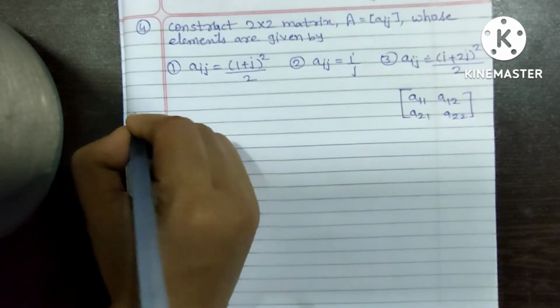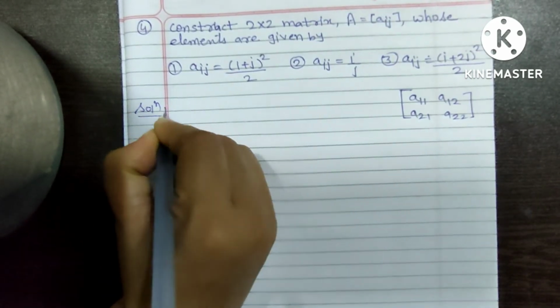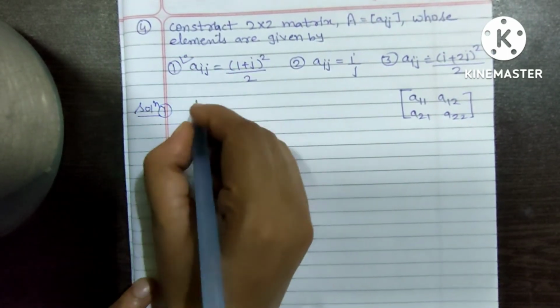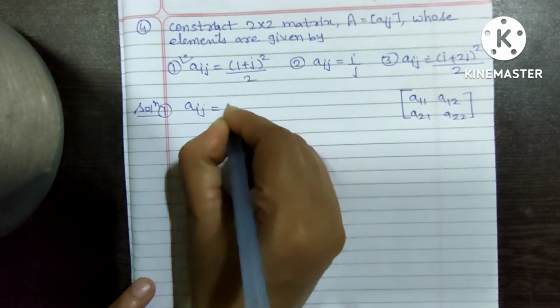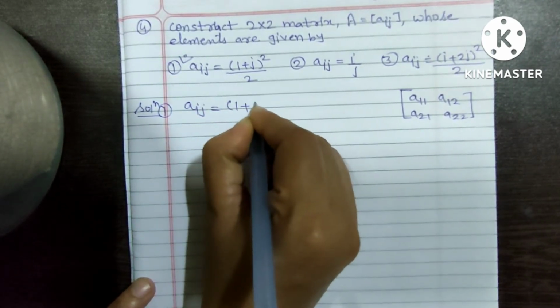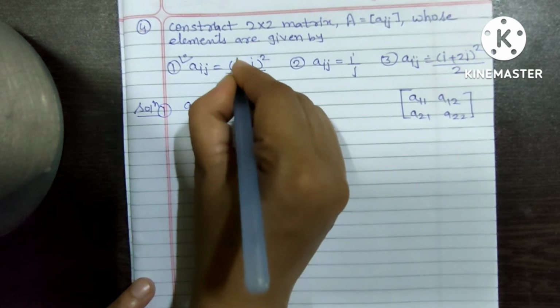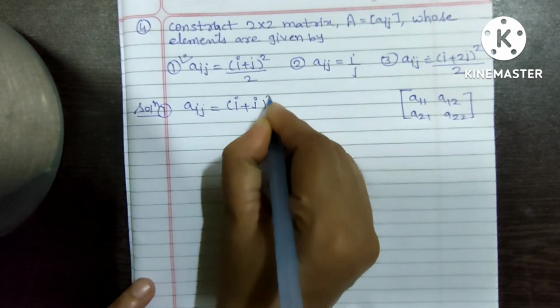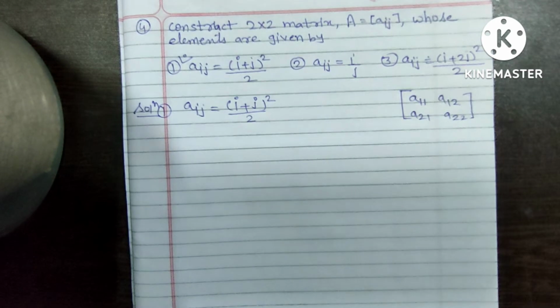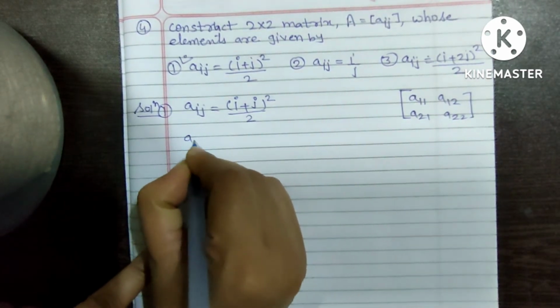सो सॉल्यूशन 1 हमारे लिए होगा. First we will consider this one. So consider Aij is equal to (i plus j) the whole square divided by 2. So consider A11, right?